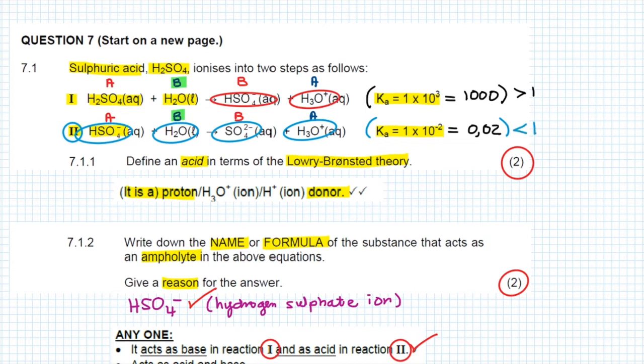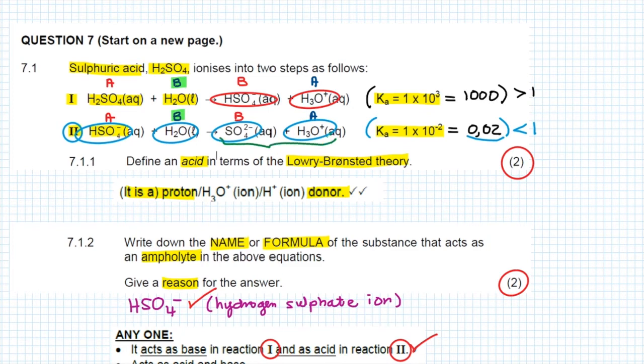Ka is the ionization constant of an acid. So since this value is smaller than 1, we know that the hydrogen sulfate ion is a very weak acid, and it will not ionize completely in water. It will ionize to form only a few or very little of these ions in water.